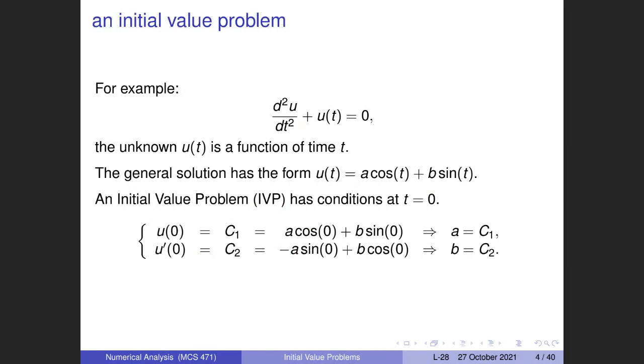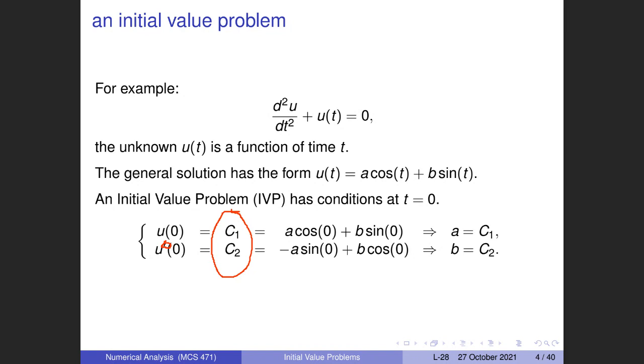Here is an initial value problem where we impose 2 conditions. The conditions are given by constants C1 and C2. So we say that C1 is the initial position, and the derivative, the prime, so the initial velocity, is C2. With these two initial conditions, we can actually solve for A and B. It's a completely symbolic exercise.